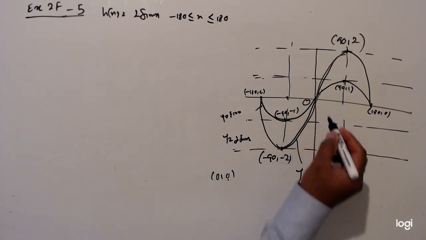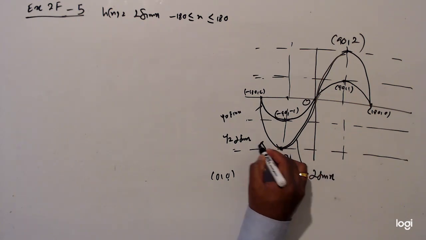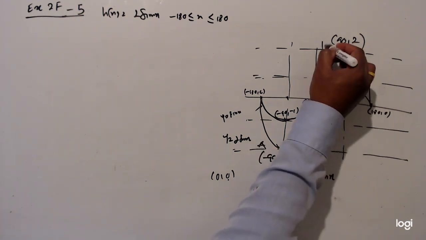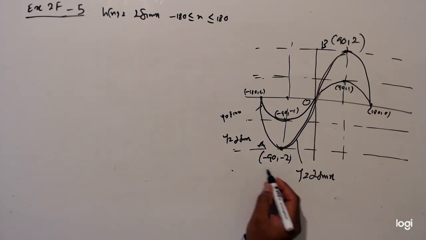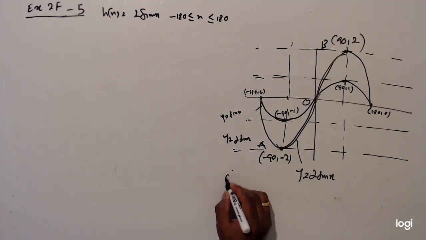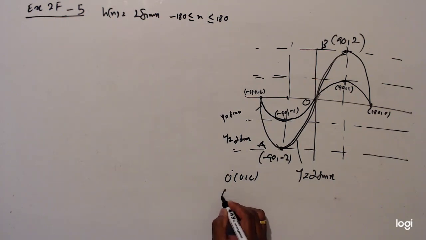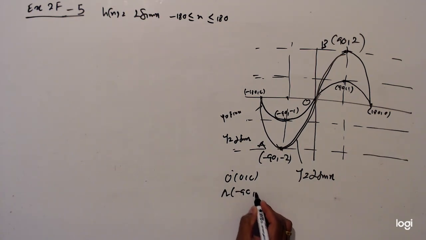So this is O, and the minimum is A and the maximum is B. O is 0, 0, A is minus 90, minus 2 and B is 90, 2.